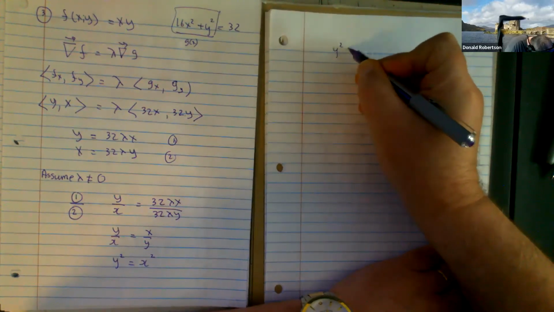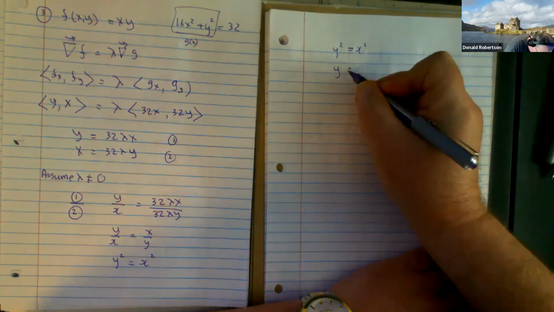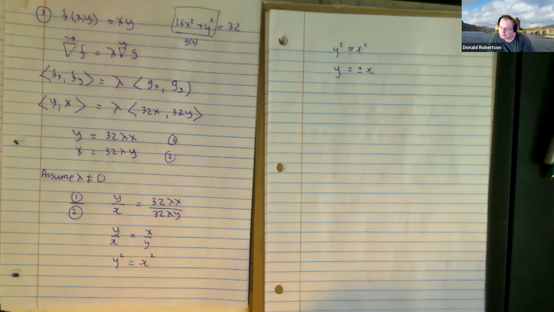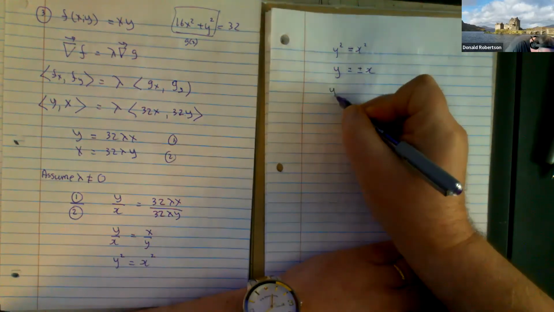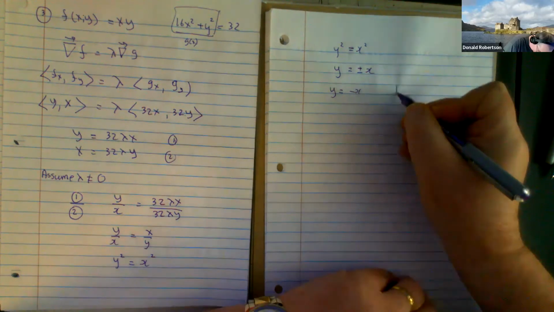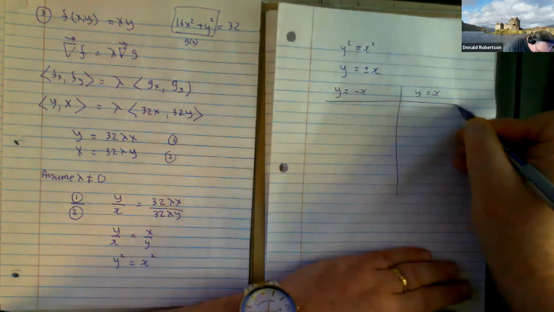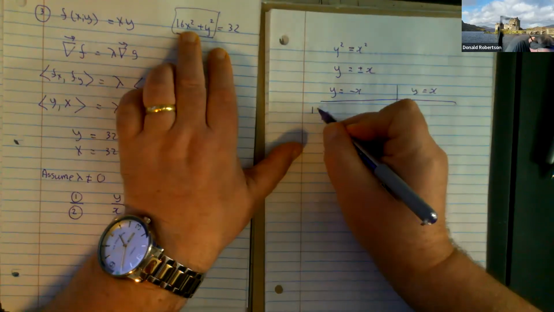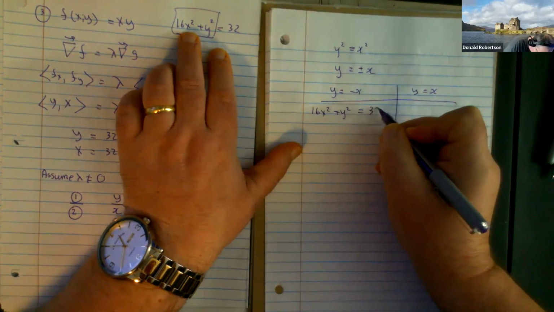I'll start up here. Does it not make y plus or minus x? Would you agree? So that gives me 2 scenarios to check. If y is equal to negative x, the constraint function says that, agreed?